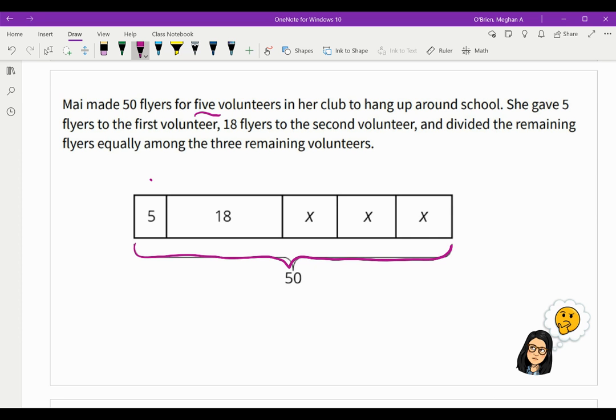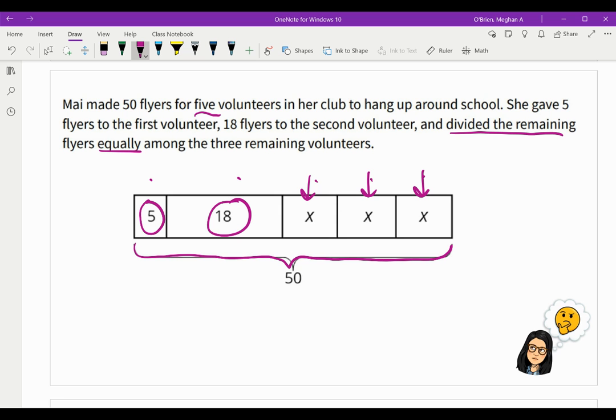So notice there are 5 different sections of that tape diagram. She gave 5 flyers to the first person, 18 flyers to the next person, and then divided the remaining equally, right here, to those last 3 volunteers. So hopefully you can kind of see the story problem broken down into this diagram.